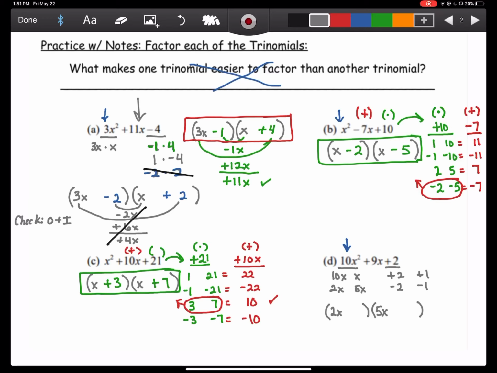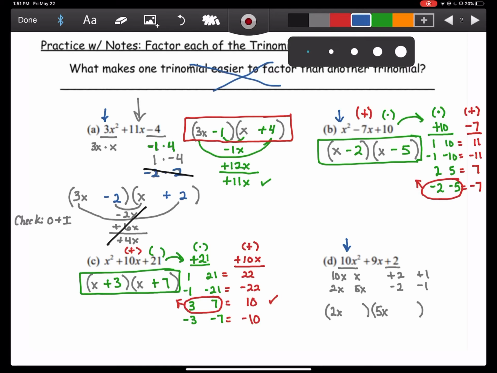A good way to remember it might just be that 10 is just not factored, right? Maybe we need to break it down more. So 2 and 5 is his choice. Now, let's figure out which of the two factors for the factors of 2 we should choose.